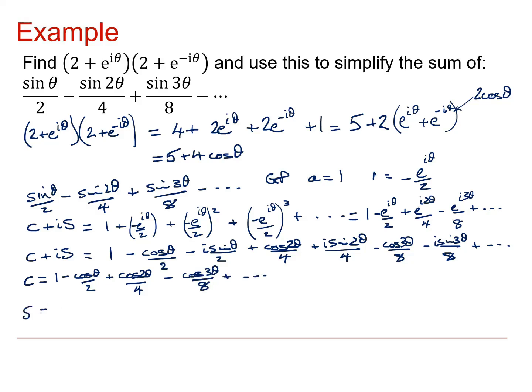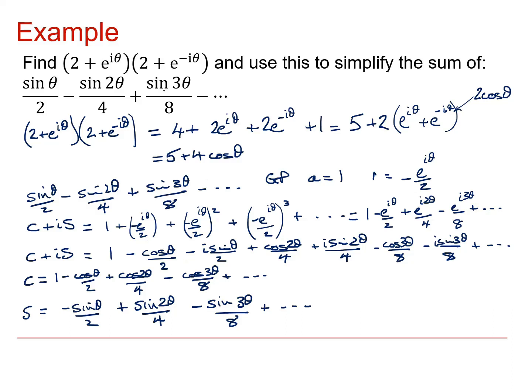And S is going to be minus sine theta over 2 plus sine 2 theta over 4 minus sine 3 theta over 8 plus the rest.